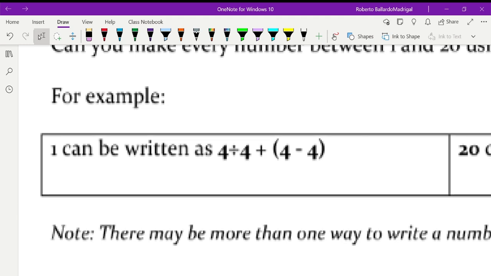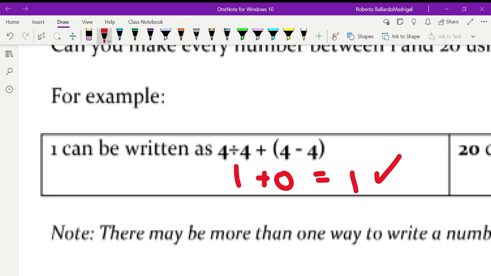Using a combination of four 4s and any operations, plus, minus, multiply, divide, how can we get 1? Well, in this example, we're saying 4 divided by 4 plus 4 minus 4 gives you 1. Is that true? Let's find out. 4 divided by 4 is 1. 4 minus 4 is 0. 1 plus 0 is 1. That checks out. So we got a 1.